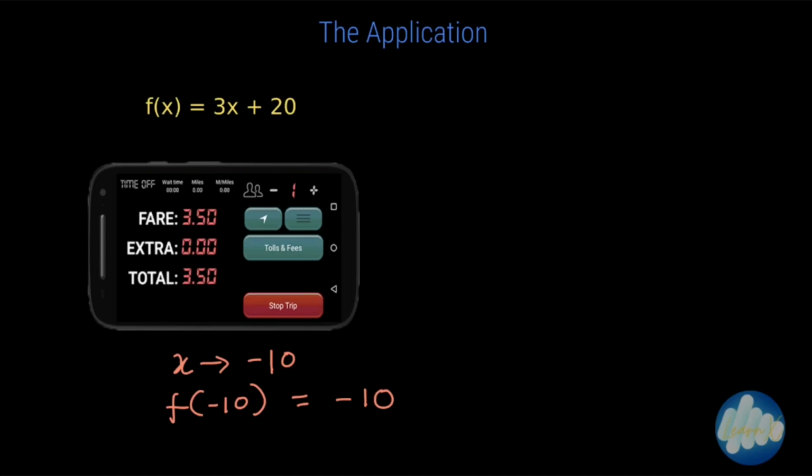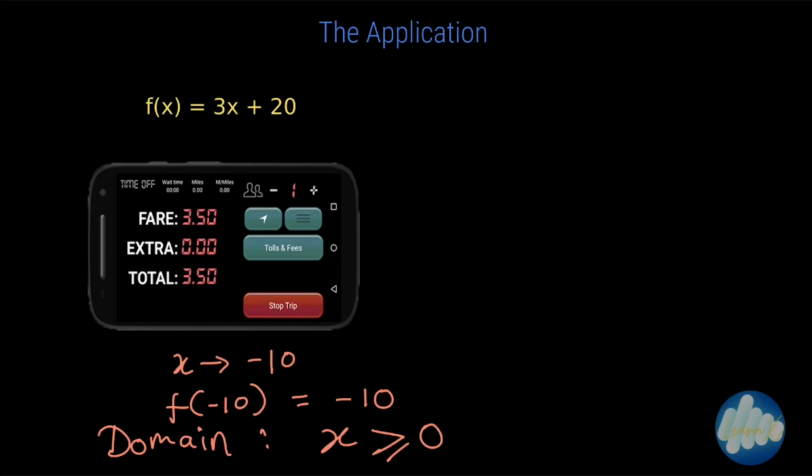So that's a failure in terms of the application. So here we need to make sure that the domain leaves out negative numbers. So we want to use x greater than or equal to 0, right? That's where the application dictated terms and created a restriction on the inputs that we can use.